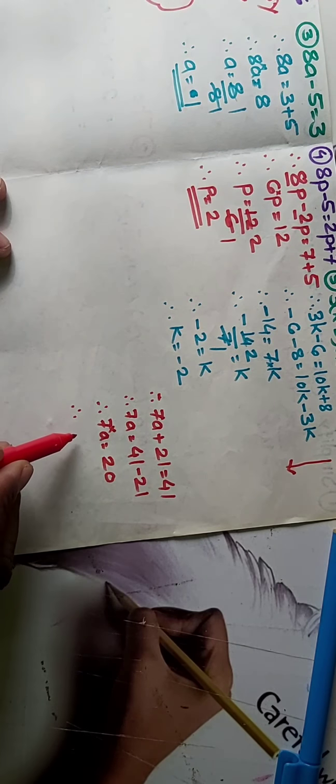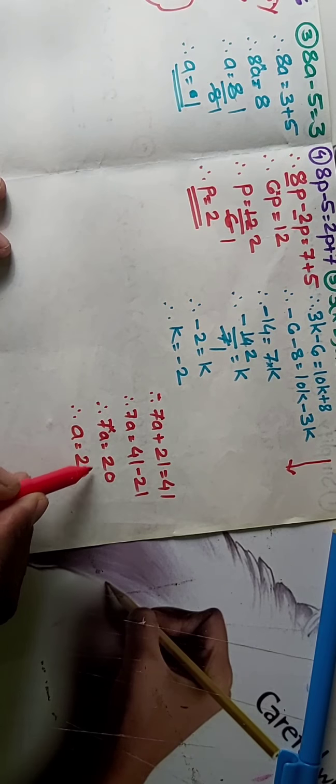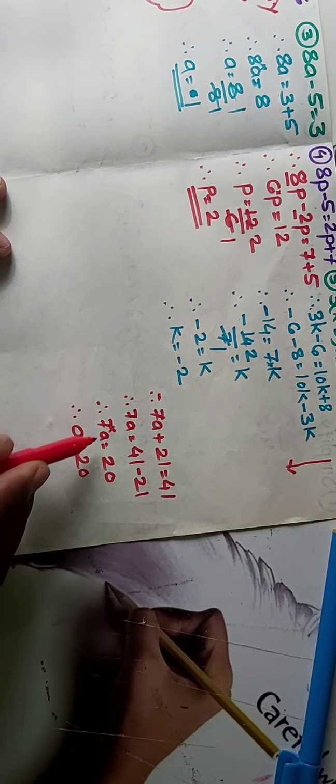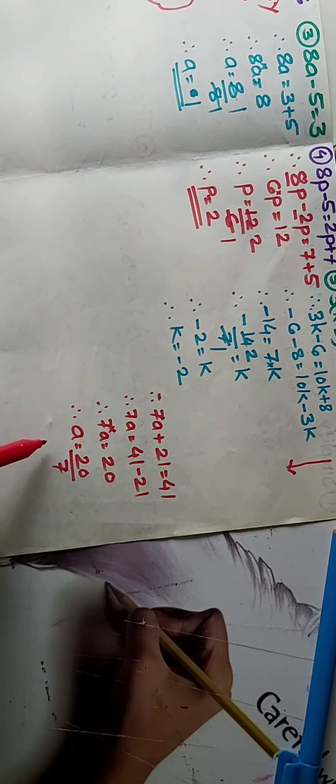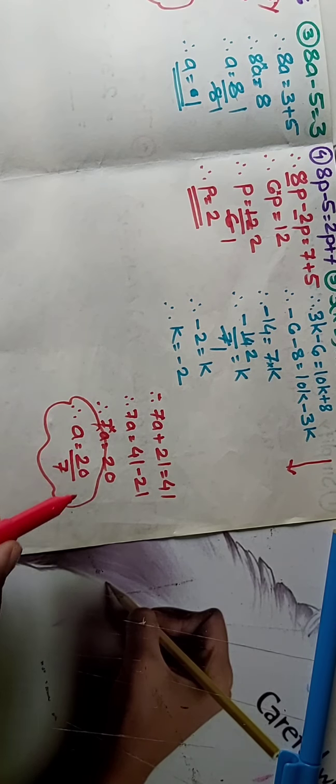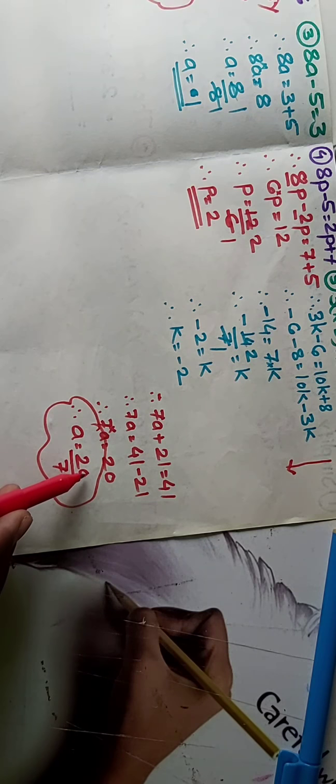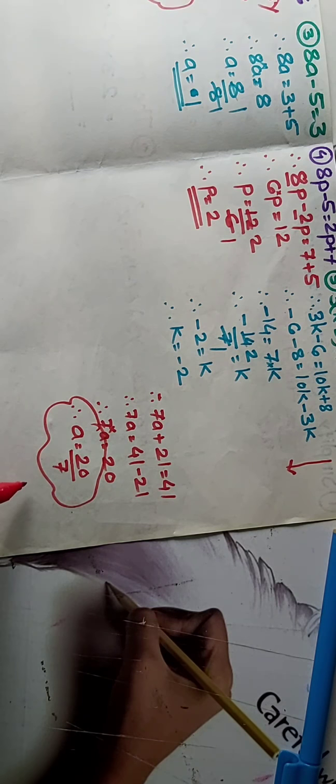So a is equal to 20 and this 7 we have to transpose here, it is divided by, so 20 divided by 7. Now 7 cannot exactly divide, means you can get the decimal form also, means the answer you also get in decimal form, but this is our final answer. Okay, if here 21, then 7 3s are 21, a is equal to 3, but here 20, this way you have to keep the answer like this.